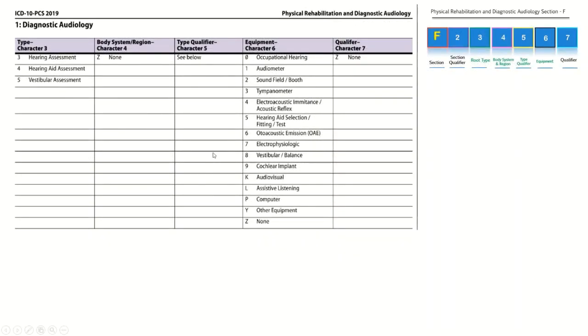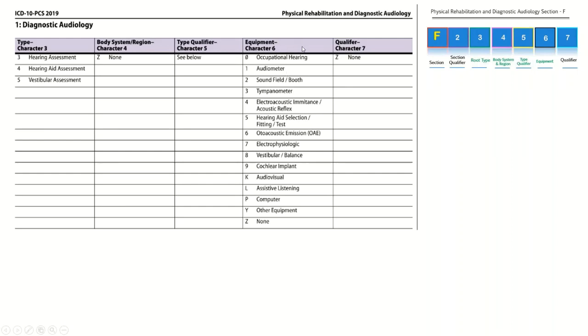All right, coders, now we're at the diagnostic audiology, not as extensive. Nonetheless, it's still section F. And diagnostic, the second character, your section qualifier, will be 1. Your third character or root type will be your hearing assessment, hearing aid assessment, vestibular assessment. So these are pretty much hearing tests. And your fourth character, your body system or region, will be none. Your qualifier, we'll take a look in a moment.